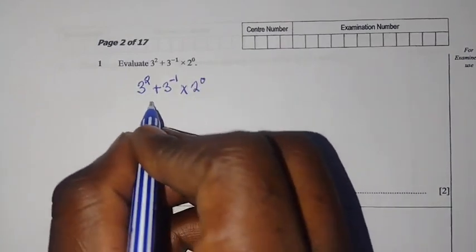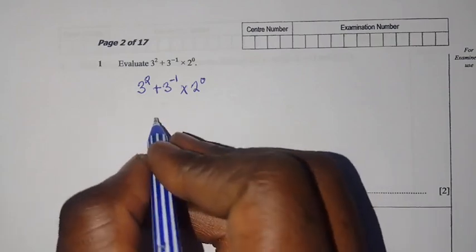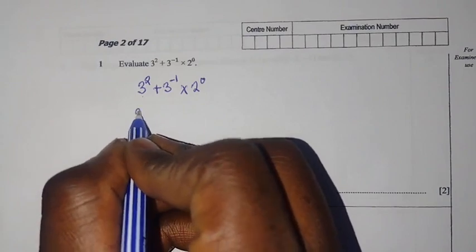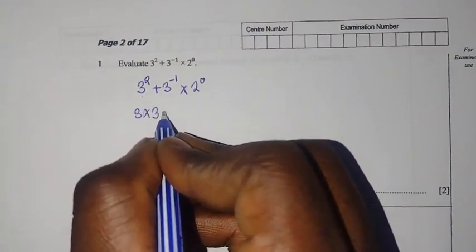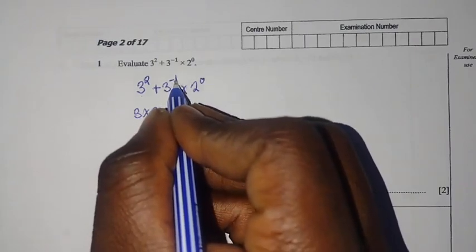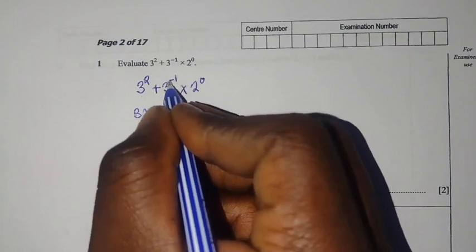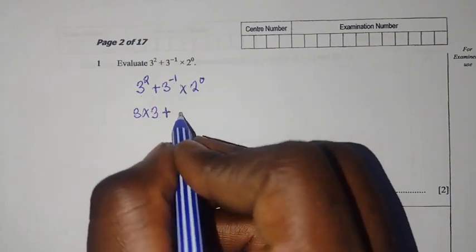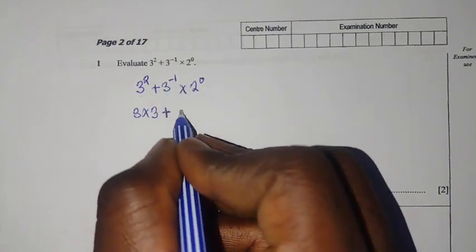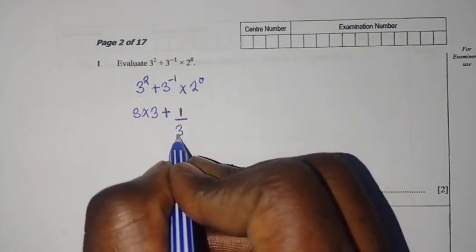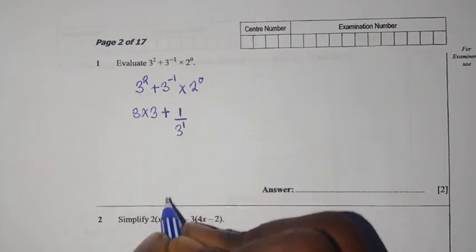In order to evaluate this, we say 3 squared, we know that this is 3 times 3, plus 3 to the power negative 1. We can get rid of this negative power and make it positive. So I'm going to write this as 1 over 3 to the power 1.